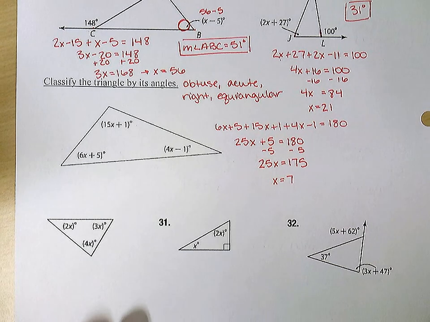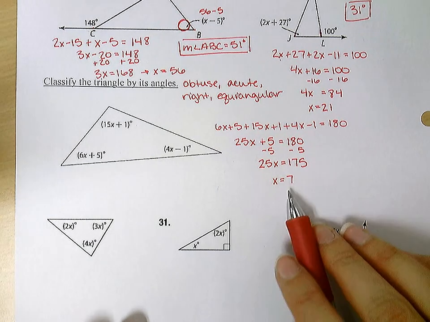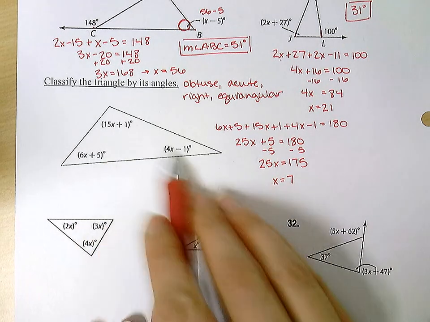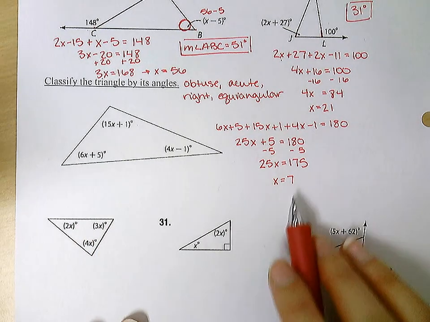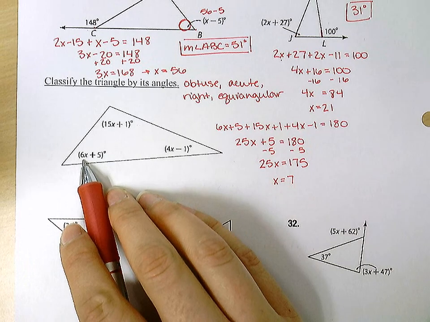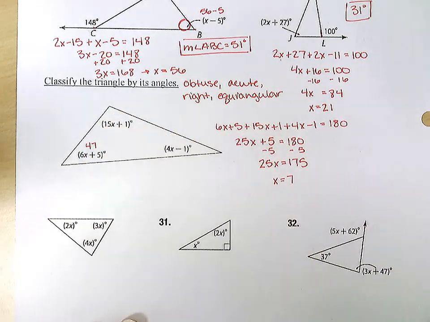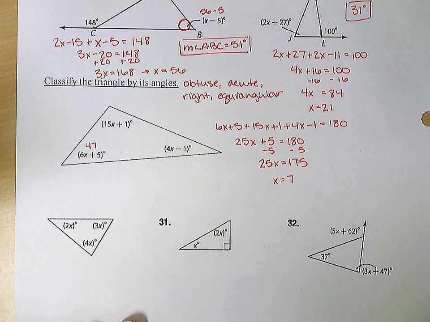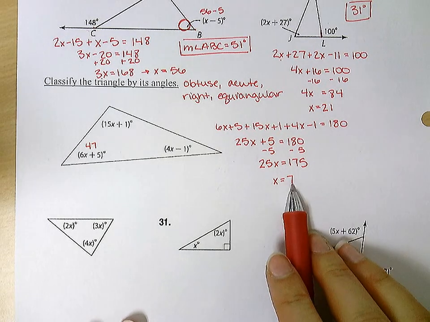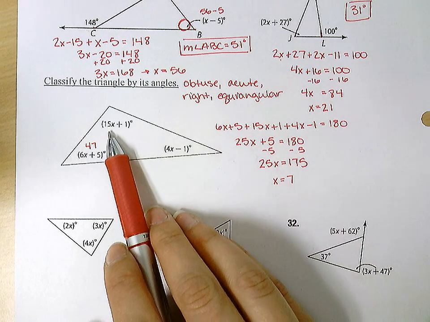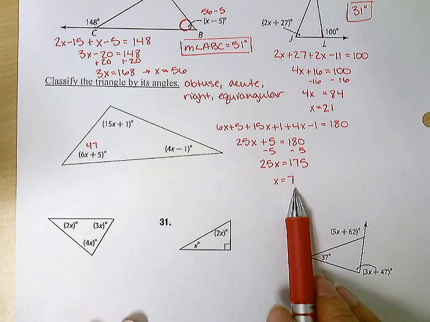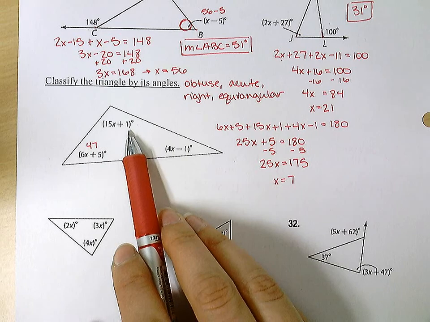Now, if I want to classify this triangle by its angles, I would plug 7 in for x for all 3 of those. So I have 6 times 7 plus 5. That angle is 47 degrees. This top angle, I have 15 times 7 plus 1.